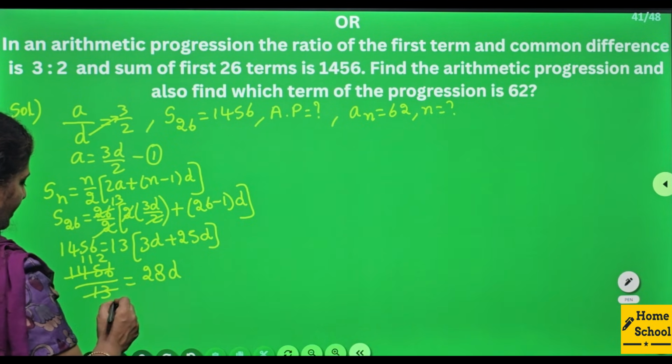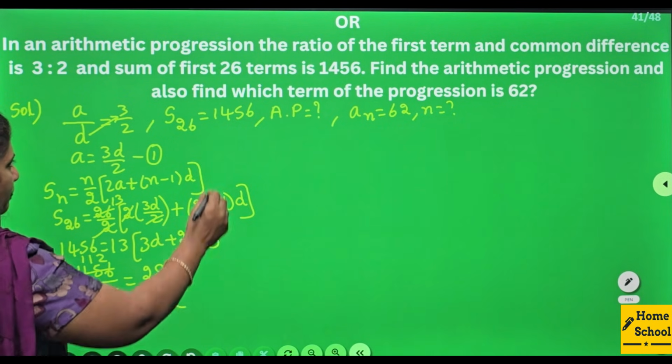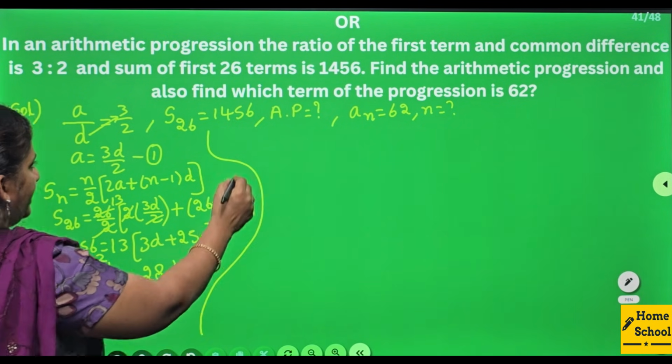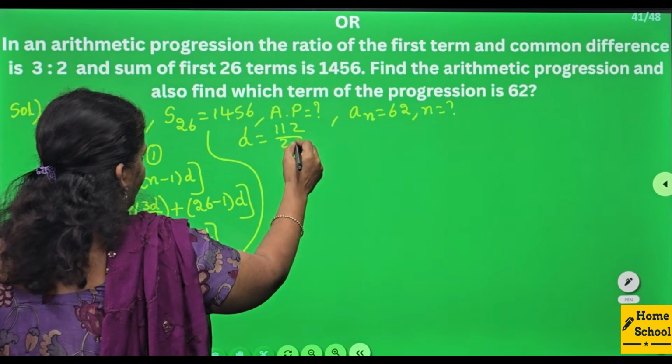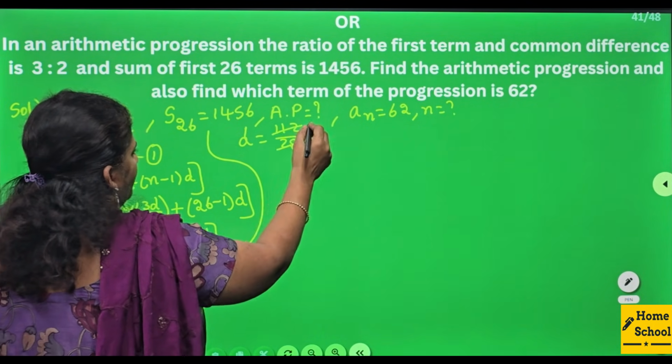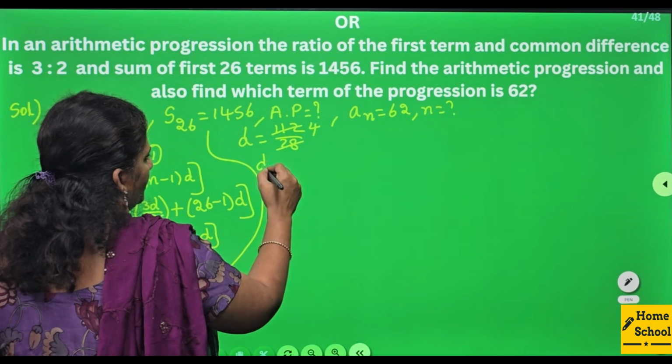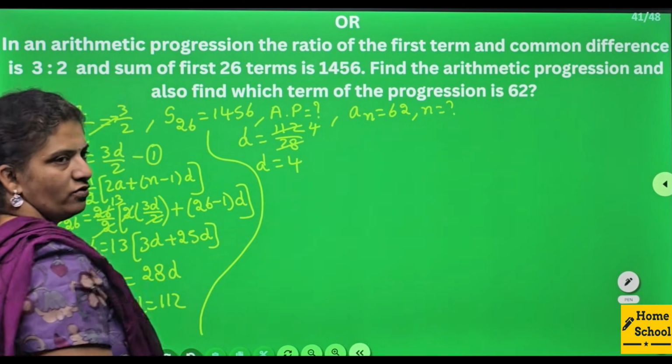Now 28d is equal to 112. d is equal to 112 by 28. 28 4s are 112. Therefore, d value is 4.